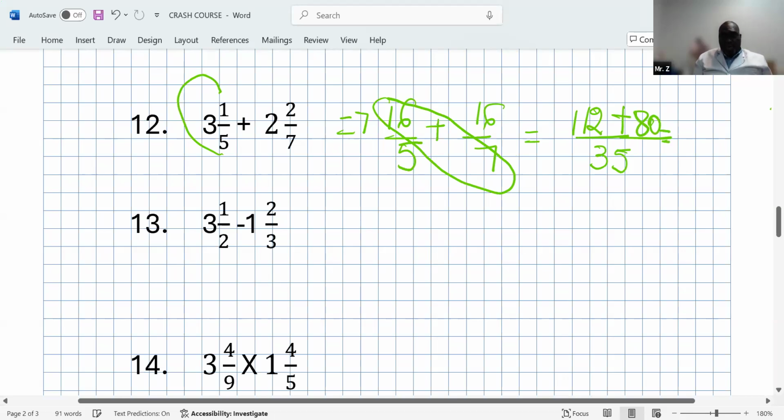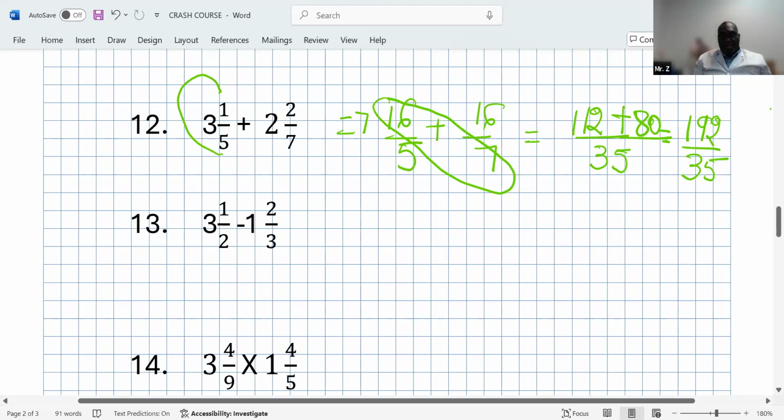So you got 80 plus 112, will give you 192 over 35. You don't leave this like this because this is an improper fraction.